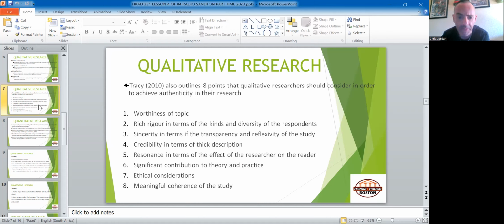The worthiness of a topic: the relevance to that particular person and the importance of its role or existence in their life, right? Rich rigor, in terms of diversity of the respondents, right?